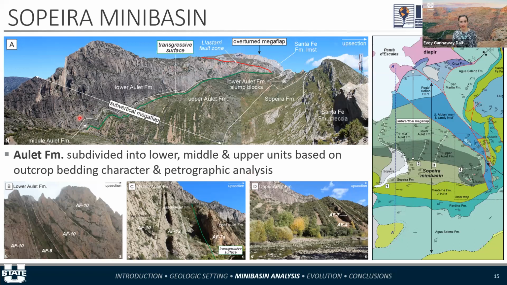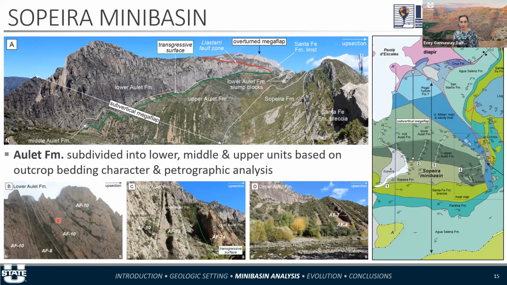But here we can see the Sierra de Aulet, which is the principal feature on the skyline here. And the Aulet formation, we've subdivided into three informal units based on this very distinct outcrop bedding character and then petrographic analysis to follow that up.